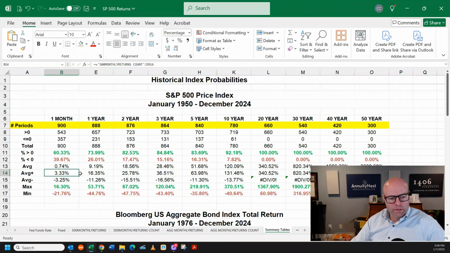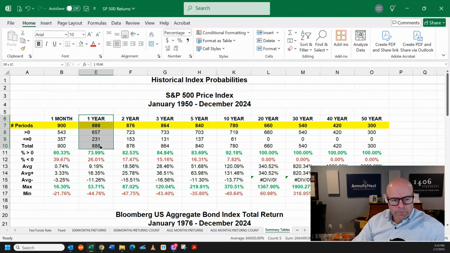That's sort of an outstanding number. Well, let me check my numbers on that. I kind of can't believe those. Well, yeah, back I went to my source data. Those are good numbers. Very interesting. So the best month in the past 75 years has been 16.3, and the worst has been 21.76.